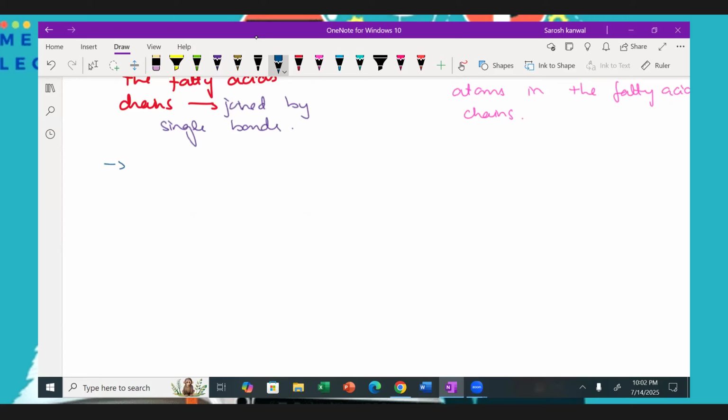So the saturated fatty acids, due to the presence of single bonds, are usually solid at room temperature, right? What could be an example of that? For example, animal fat. Other than that, you can have an example of butter, right?